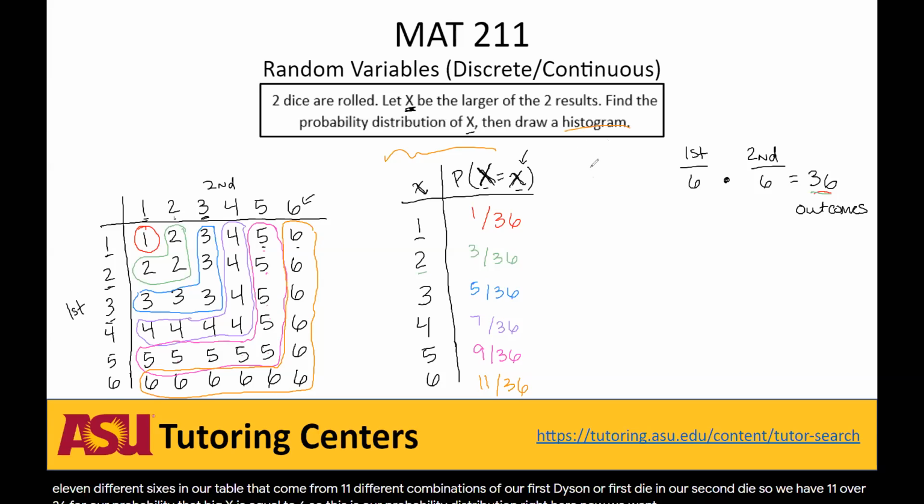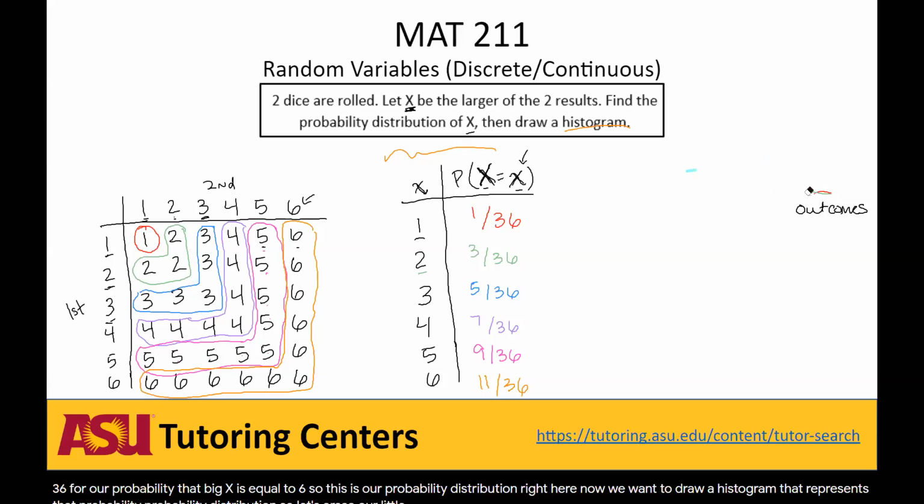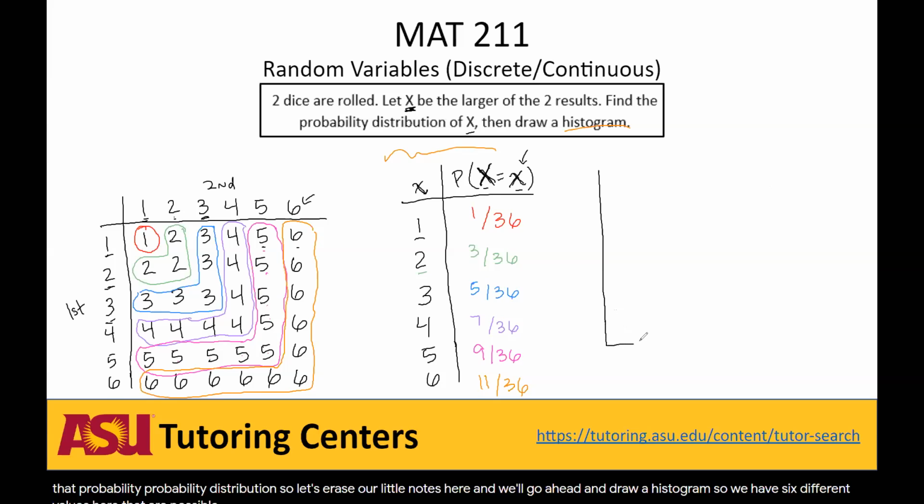Now we want to draw a histogram that represents that probability distribution. So let's erase our little notes here and we'll go ahead and draw our histogram. We have 6 different values here that are possible, ranging from 1 over 36 to 11 over 36. So say this is 0, and this is going to be crudely drawn, so I apologize in advance.